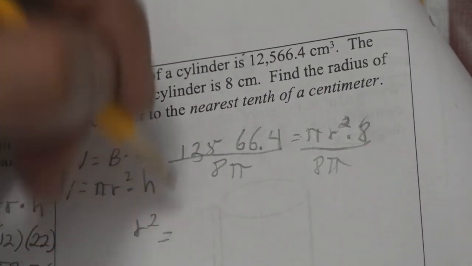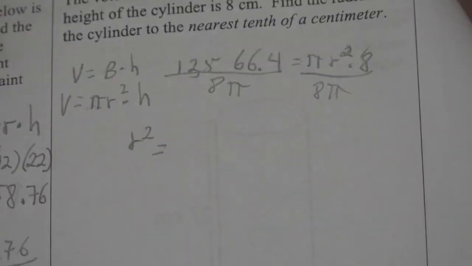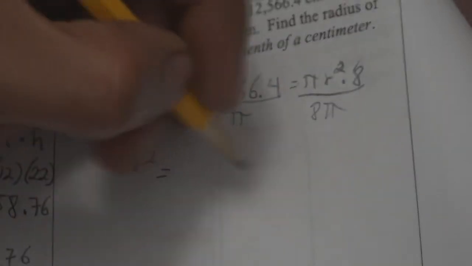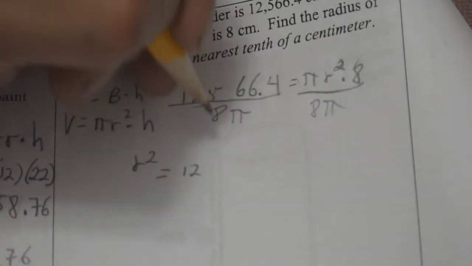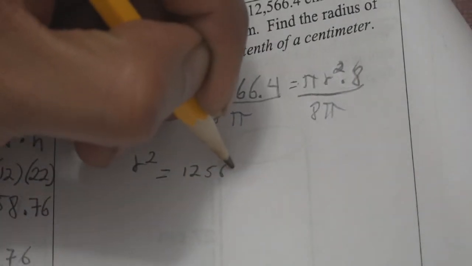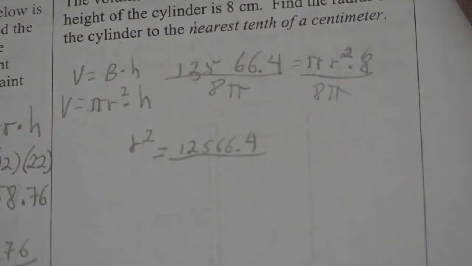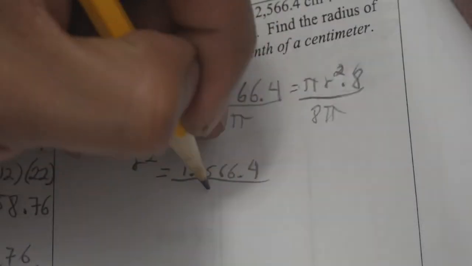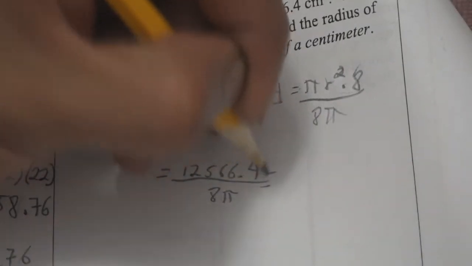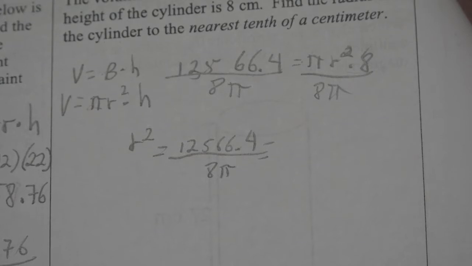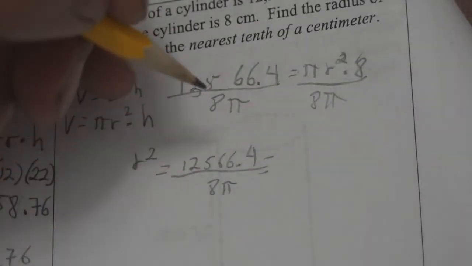Then I get r squared equaling 12,566.4 divided by 8 pi, which is approximately, I don't know what it is.